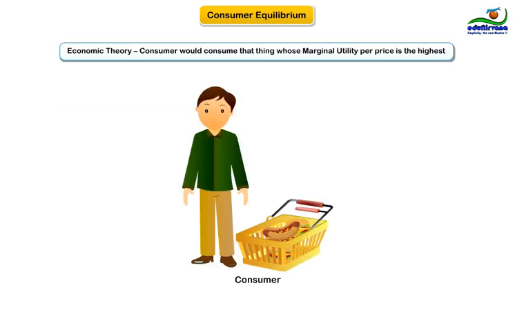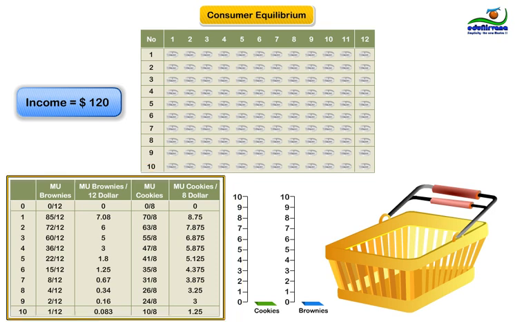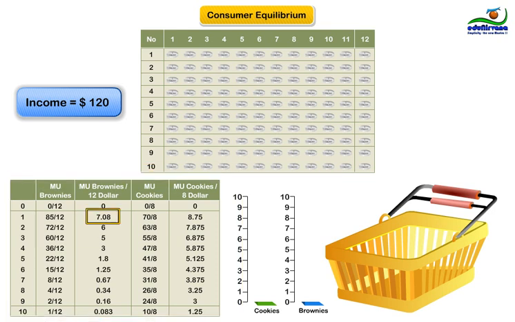Said another way, if the consumer thinks about how to get maximum satisfaction with each dollar spent, then only will he achieve the maximum utility from all his income spent. So, he calculates marginal utility per dollar. Marginal utility per dollar for the first unit of brownie is 7.0833 units per dollar, and for cookies it is 8.75 units per dollar.